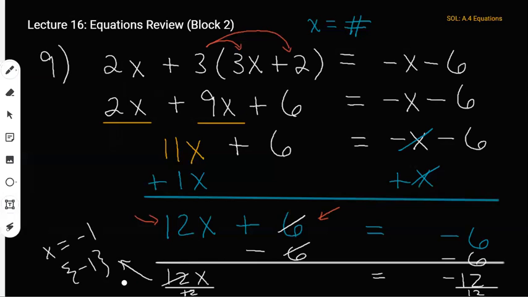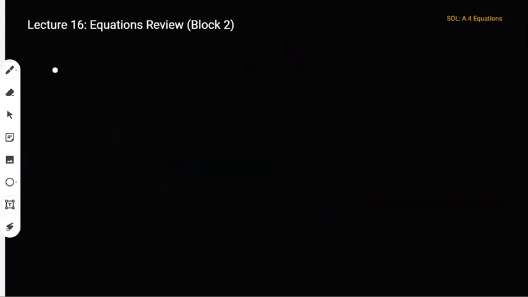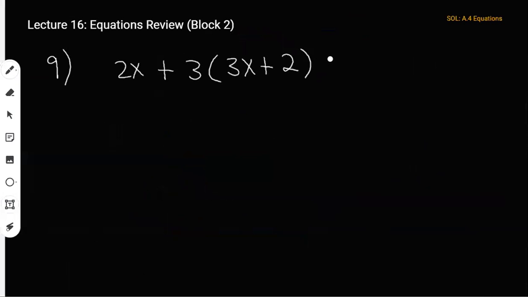Now, when I check, I always start off with my original. So on the next slide, I'm going to start off with my original question. So I've still got 2x plus 3 times 3x plus 2 is equal to negative x minus 6.